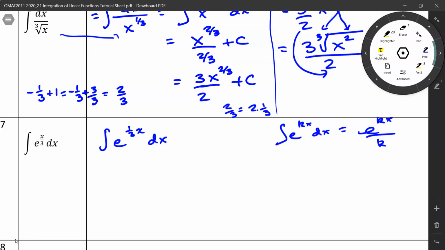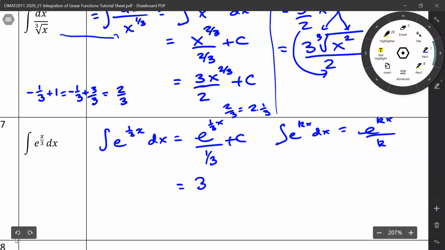So if we follow that rule here, we have the exponential of 1/3 x divided by k, which is the coefficient, which is 1/3, plus a constant of integration. And of course, if we're dividing by 1/3, it's the same as multiplying by 3.